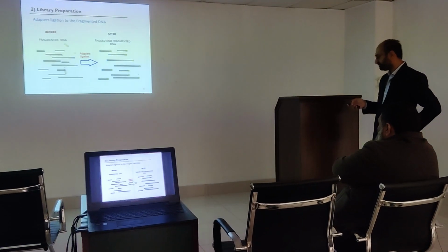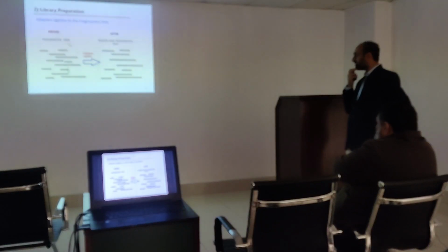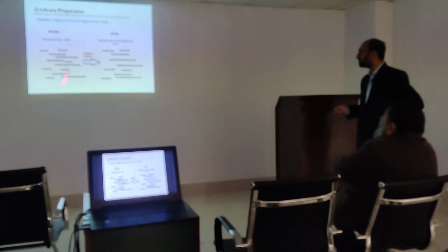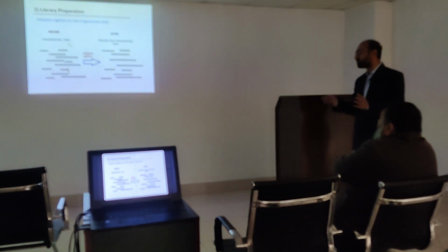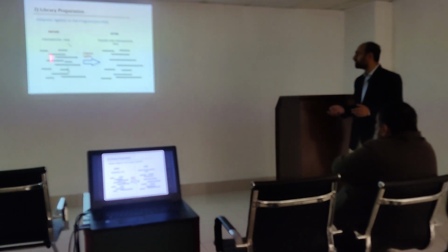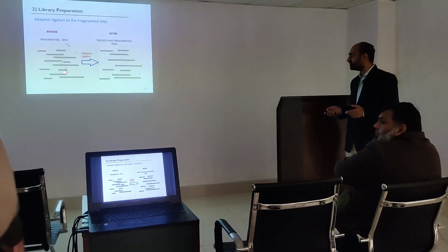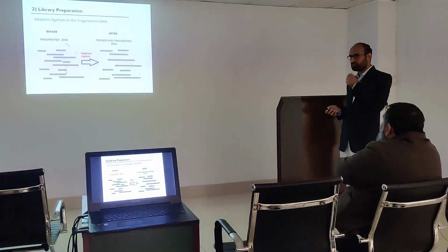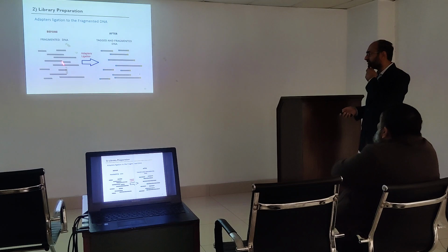In the next step, I have a small question. This is our genomic DNA, which has been broken into small parts. If I have to amplify all the fragments and I do not know the sequence of these fragments, how can it be possible to amplify all of them?